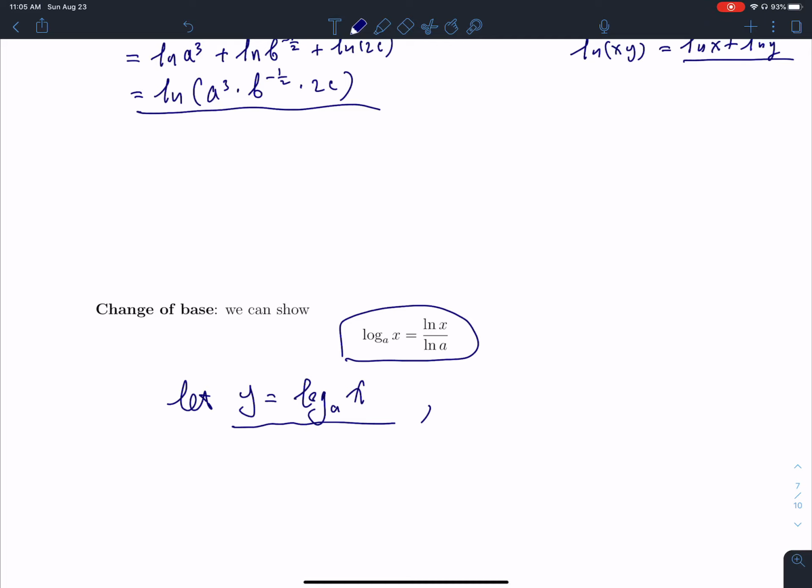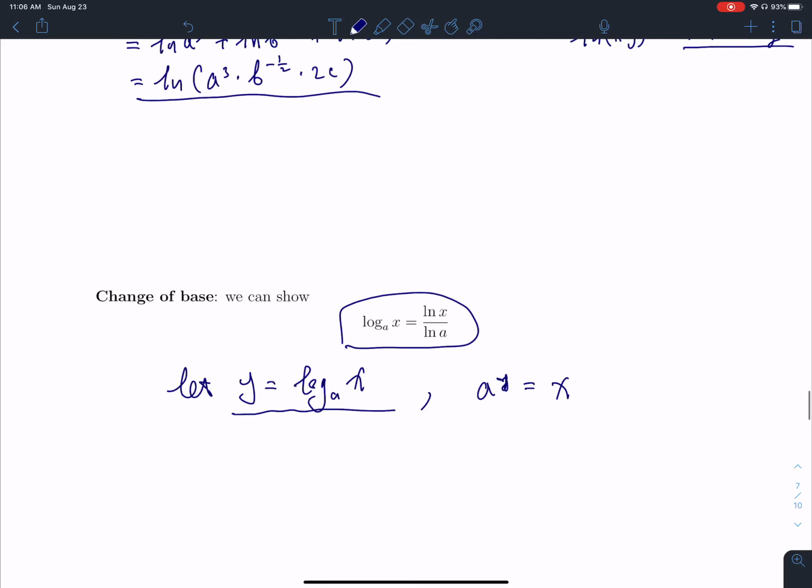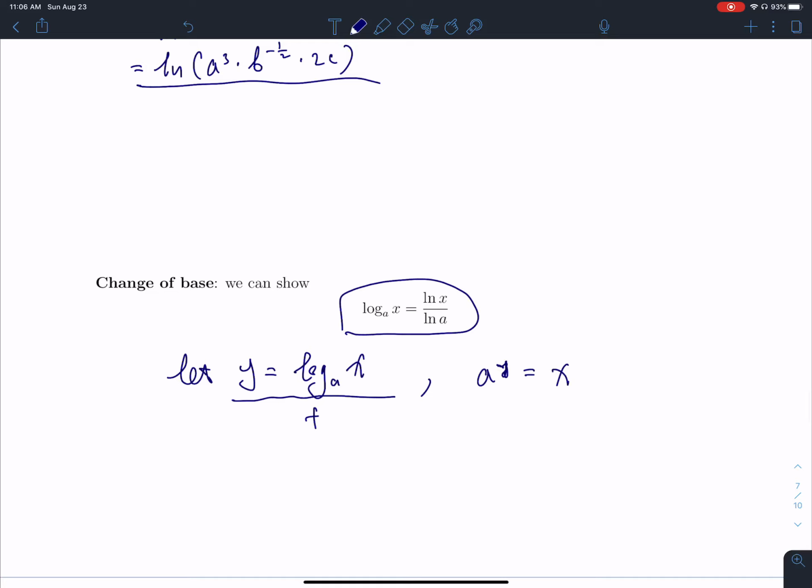That means if we consider the inverse of it, then we get this. Here, this is f of x equals y, and here we have f inverse of y equals x. The same thing.